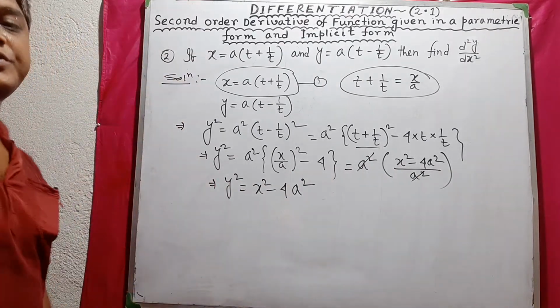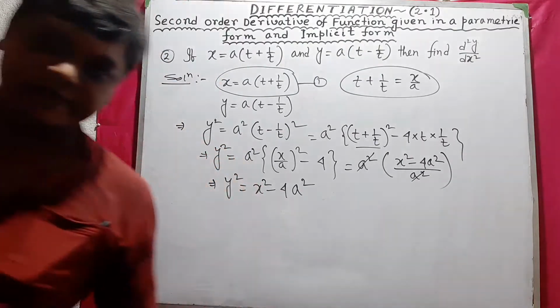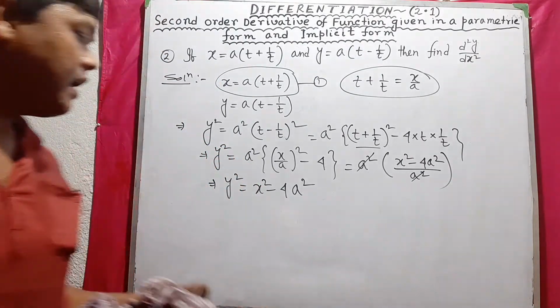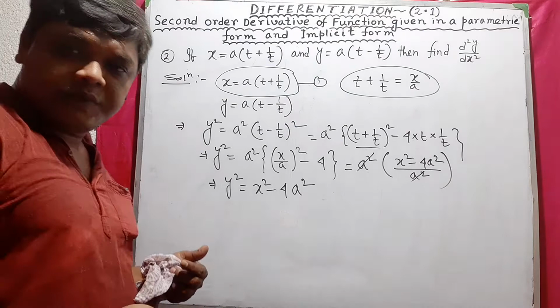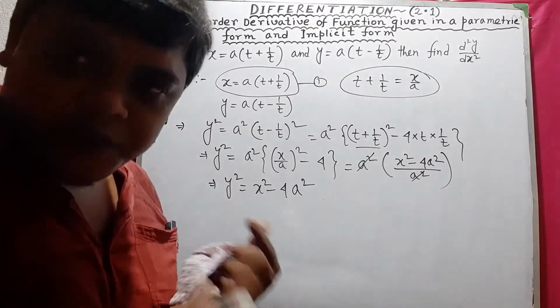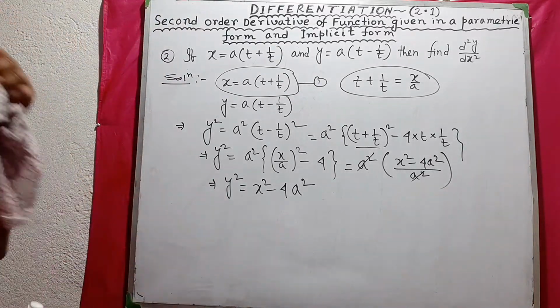So the equation reduces to y and x. Okay, so we can easily solve d2y/dx2. That is independent of t. We eliminate t from these two equations.